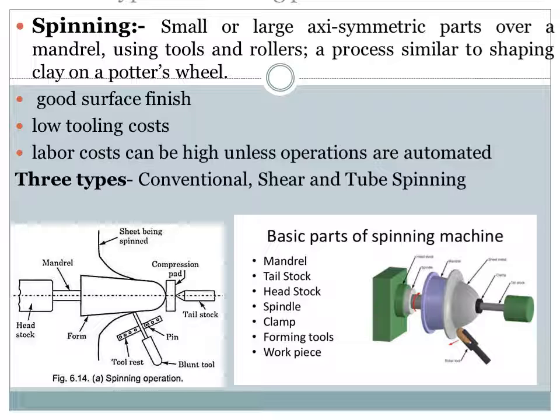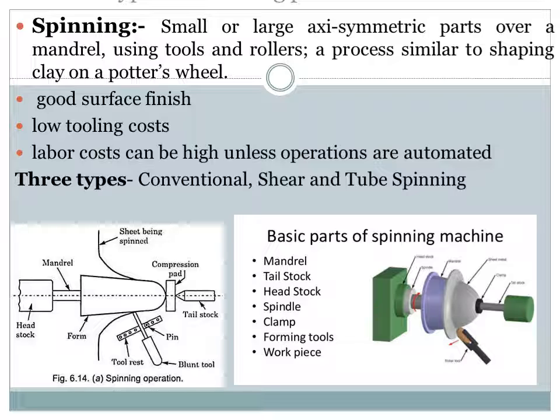And a typical photograph of a spinning machine is shown on the right side figure. It consists of a mandrel, the tailstock on the machine, headstock, the rotating spindle.